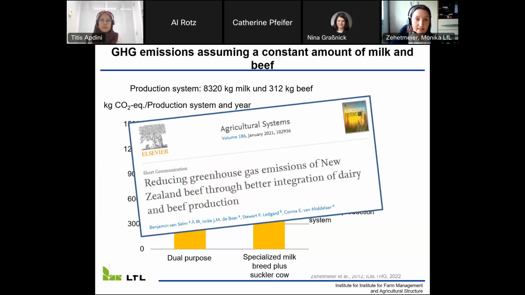And I think New Zealand showed a very nice example. They went a very long time to separate dairy and beef production systems and are now trying to integrate dairy and beef production systems to reduce the greenhouse gas emission at national level.